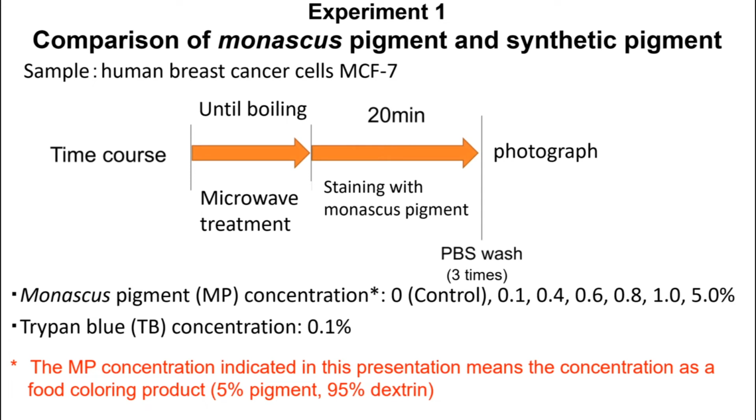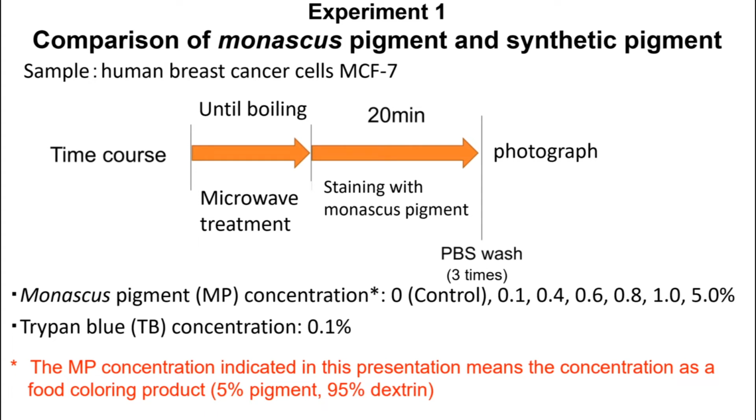In experiment 1, we compared the staining ability of monascus pigment and synthetic dye. Cell death of MCF-7 cells was induced by microwave exposure.